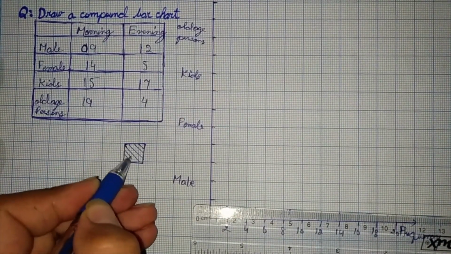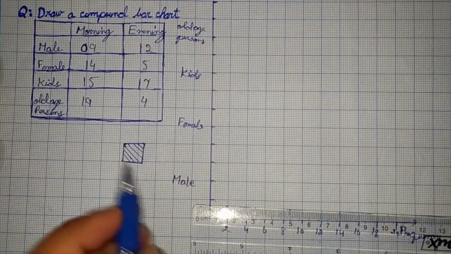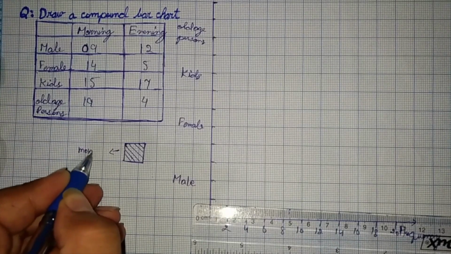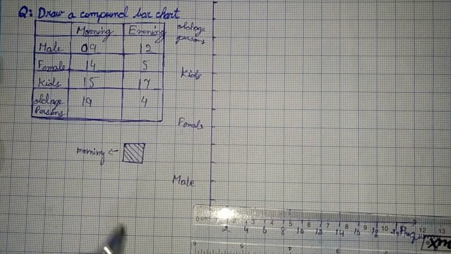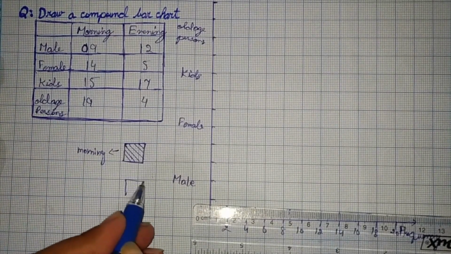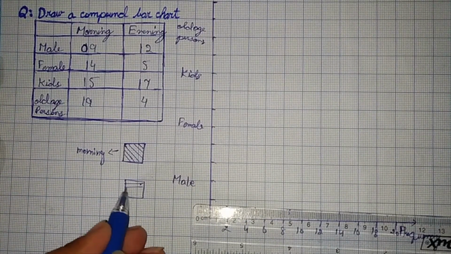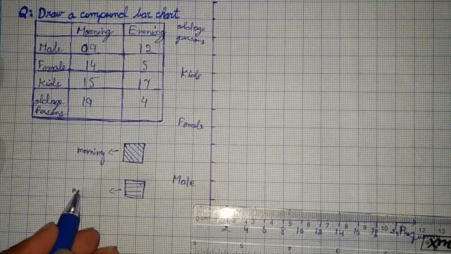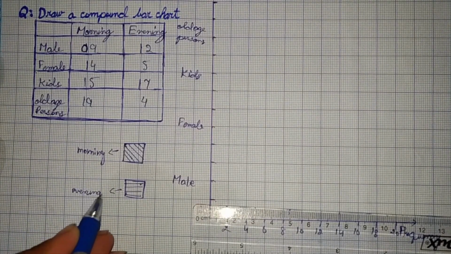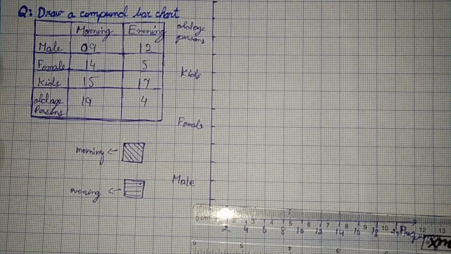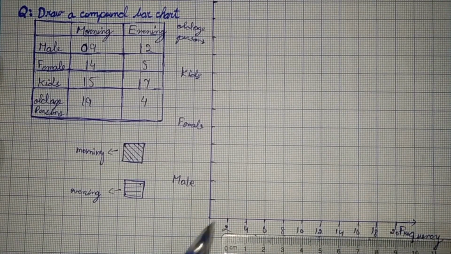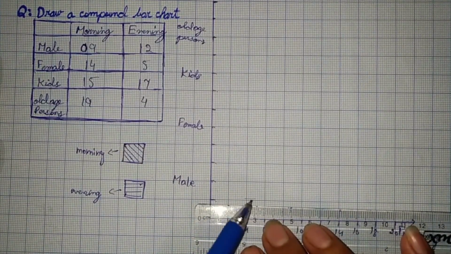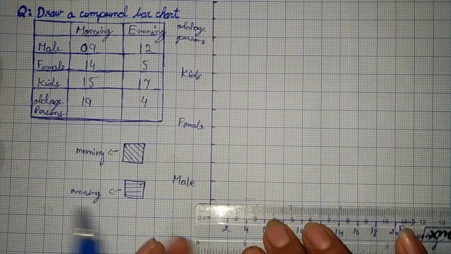Let's say this type of lining will represent morning, and this type of lining will represent evening. If I am going to draw a bar of morning, I will use this type of lining.